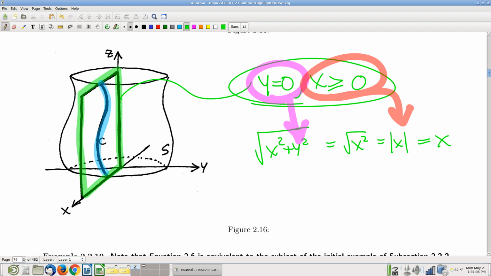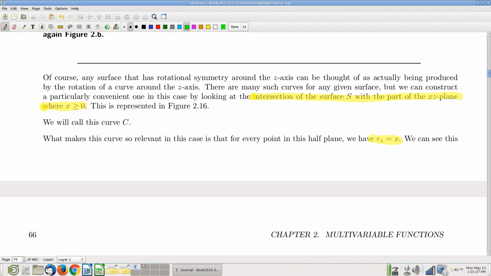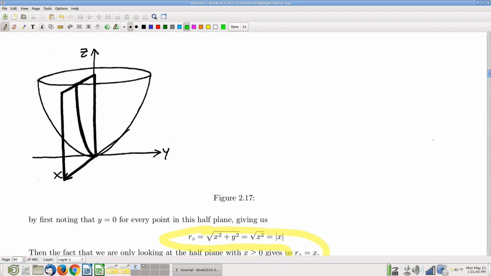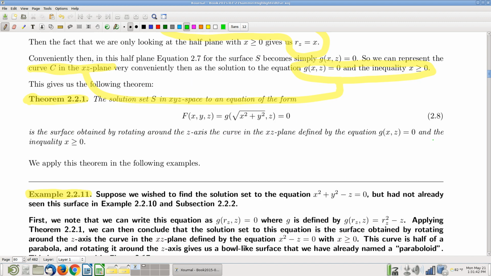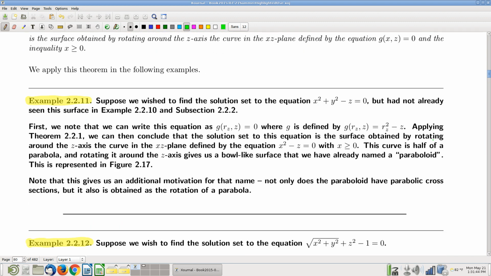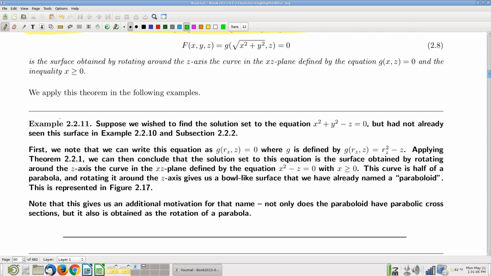So let me show you a couple of examples of this in action. Let's see, where is my, here it is. Okay, so y'all recall, of course, this equation. Now, we went to great trouble to try to understand it. We wrote it z equals x squared plus y squared, same thing.